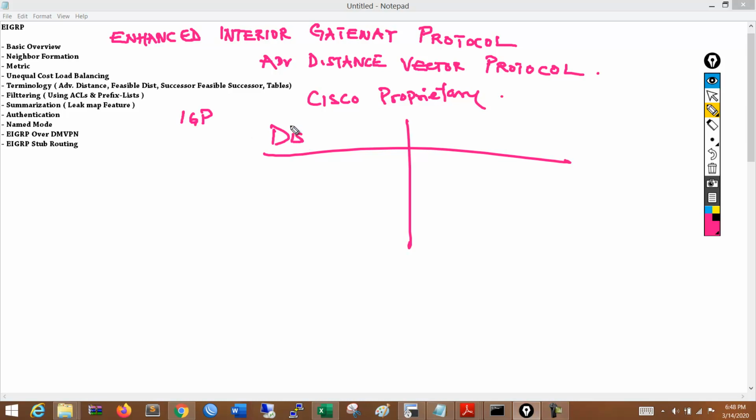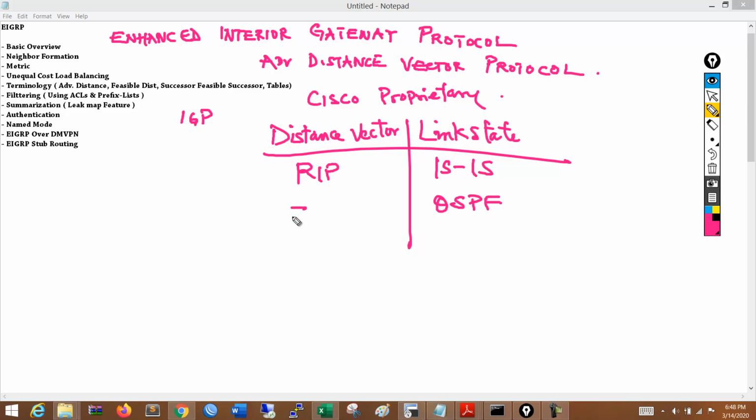We have the distance vector protocols, and we have the link state protocols. Down here we have ISIS, we also have OSPF, and this is where we'll have RIP, and we'll have EIGRP here. I bet that EIGRP has an advanced in front.